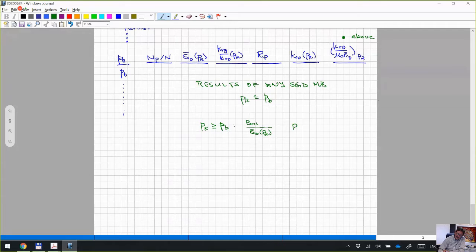And the producing gas oil ratio is just the initial one, even though the bottom hole flowing pressure may be less than the bubble point. So you assume that there's no alteration of the producing gas oil ratio, even though the flowing bottom hole pressure goes below the bubble point. So this is standard reservoir engineering 101 for oil reservoirs.